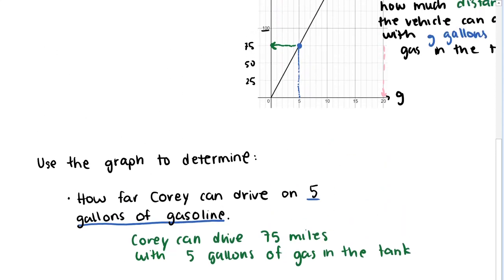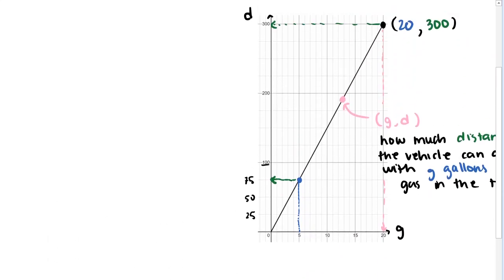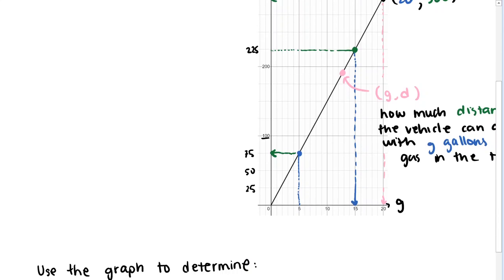So if I start with 225 miles, we know that each of these tick marks is 25 apart from the next. And so this is where 225 would be. If we start with 225 miles as a distance value, we find our point and we look at our corresponding value along our g-axis. We see that the corresponding value for g is 15.